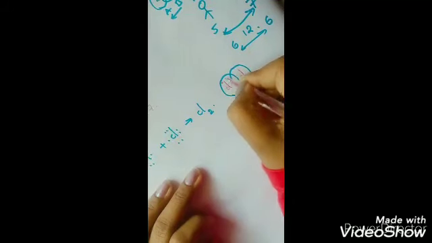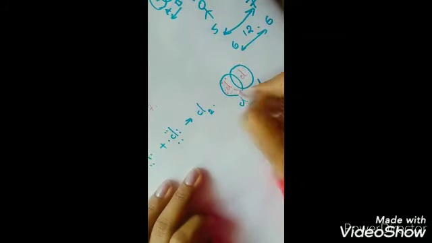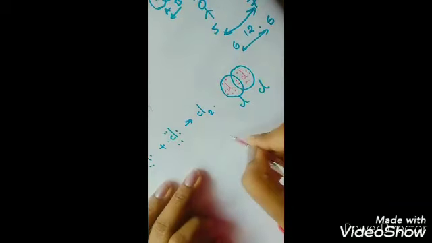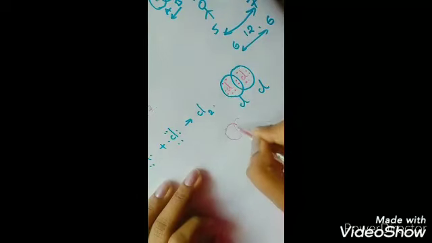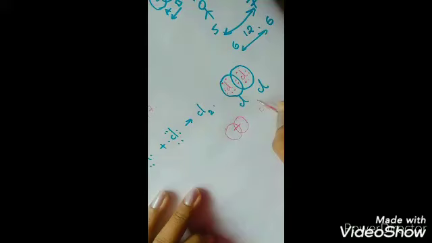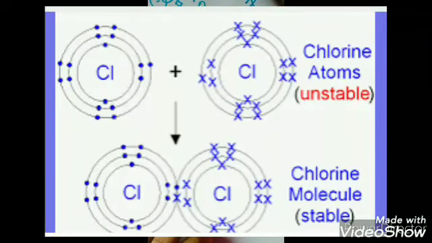Totally 7 electrons we should get. Now 6 electrons on this chlorine, and another 2 electrons must be here. Then in between these two atoms, one bond has formed, that is only a single bond. So Cl and Cl. These 2 electrons we call shared pair electrons.